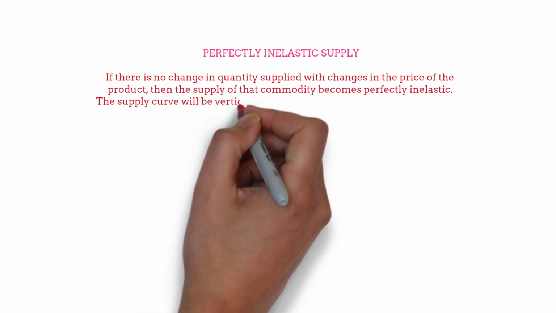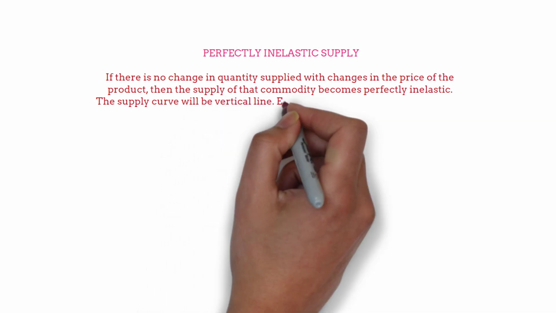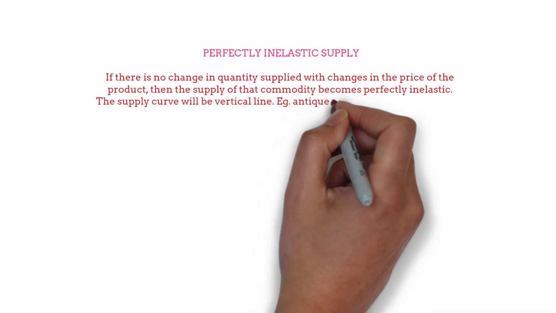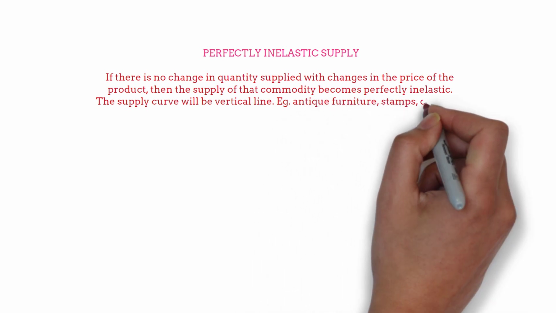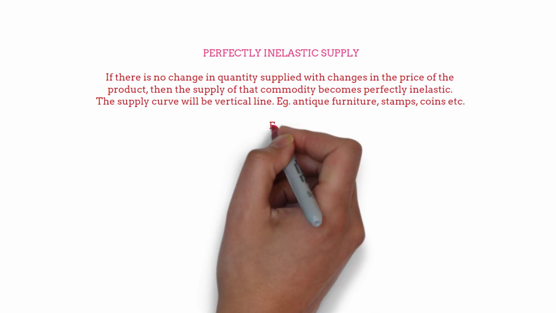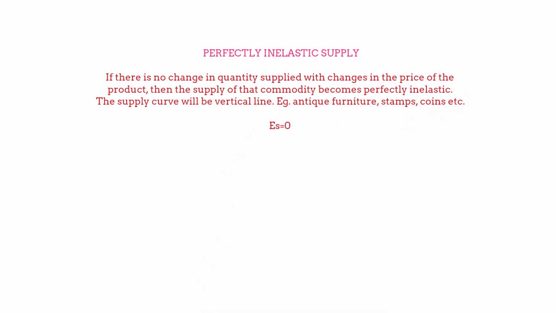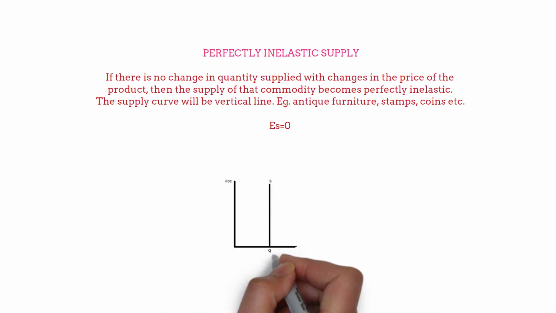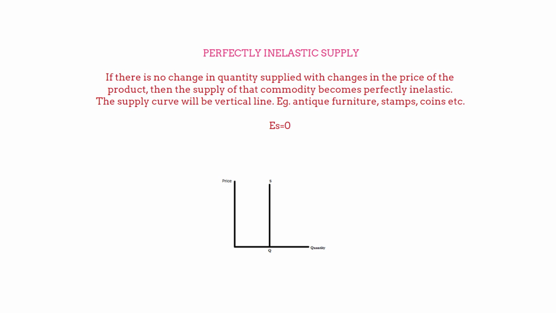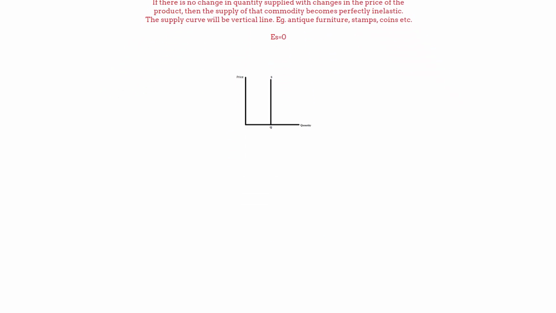The supply curve will be a vertical line. That means it will be parallel to y-axis. Few examples: antique furniture, stamps, coins, etc. So here elasticity of supply equals to 0. So as you can see, there is a standing line parallel to y-axis, that is known as vertical line.